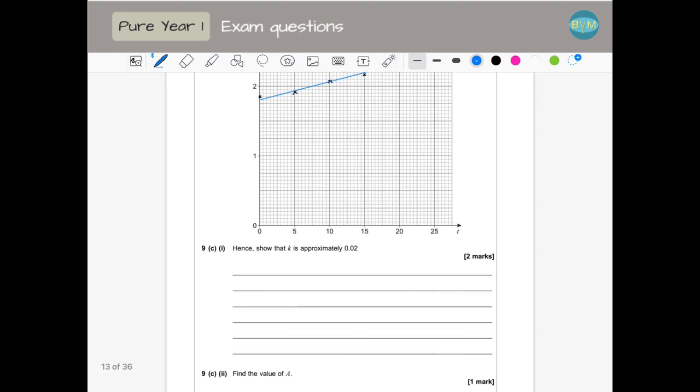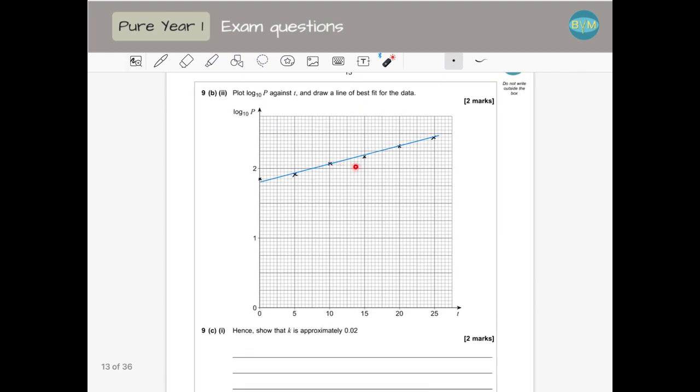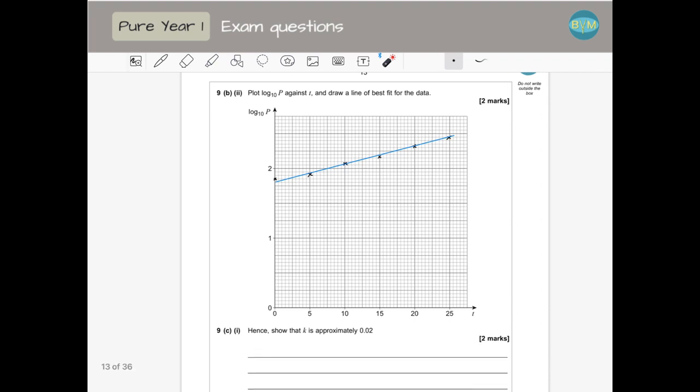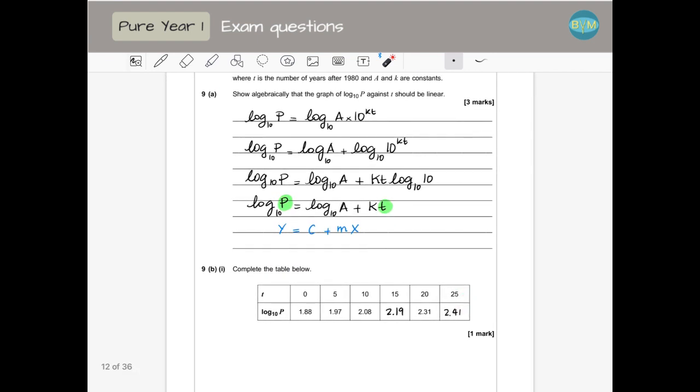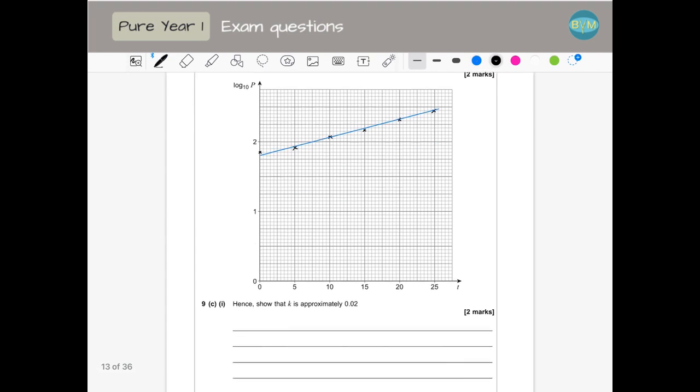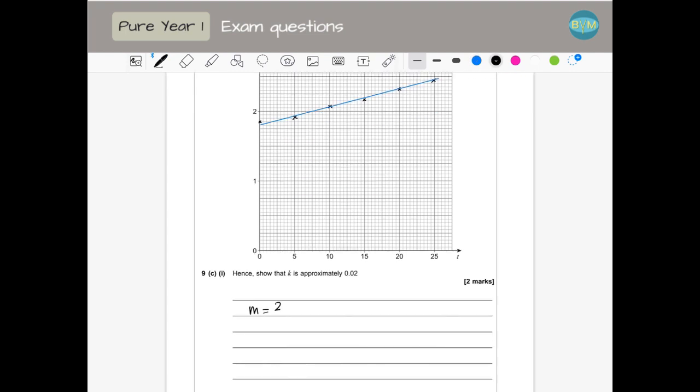Hence, K is roughly 0.02. K is the gradient. So we can use the line of best fit and calculate the gradient of the line that we just represented, or use the points because we have the values here. I would always use the first point and the last point. The gradient of this line would be the difference in y, so 2.41 minus 1.88, divided by the change in x, which is 25 minus 0, so 25.